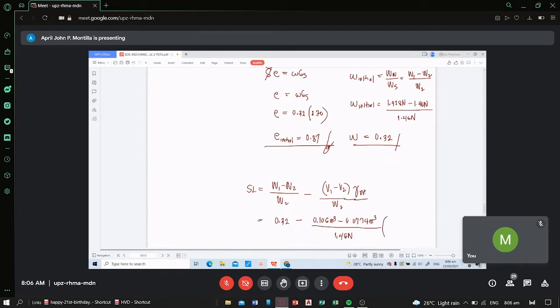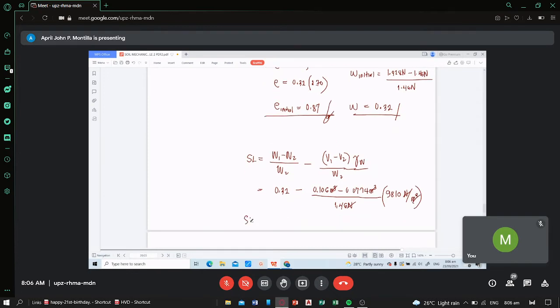No, and then unit weight of water, naka-newtons, naka-cubic meter, therefore 9,810 newtons per cubic meter para mag-cancel yung units. No? So with that, ano po yung shrinkage limit value?